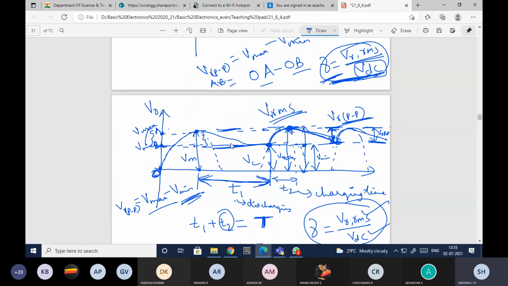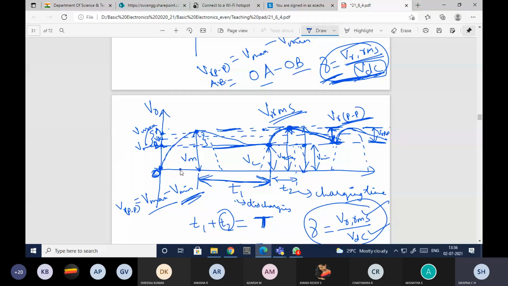When you try to find the average value for this waveform, you may have the VDC somewhere here. Let me name this as VDC. If you observe this, from here to here is VDC.